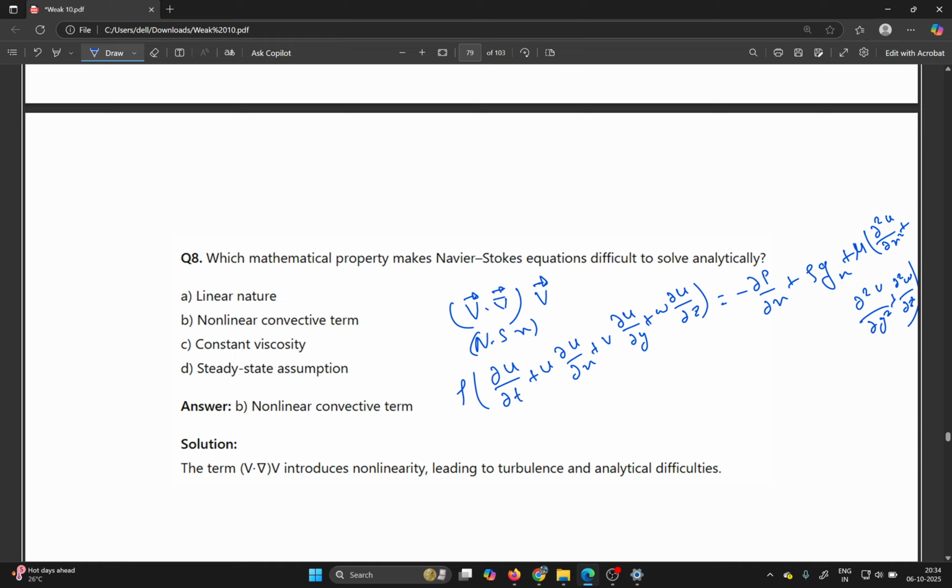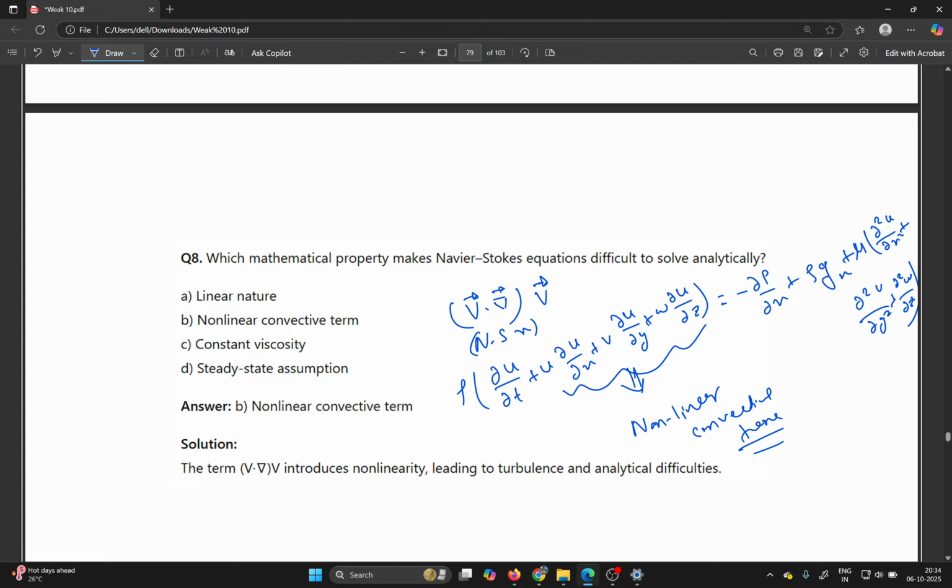So just think on that. And this is your convective non-linear term, and this makes this equation very difficult to solve analytically.